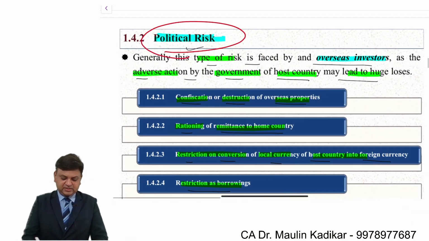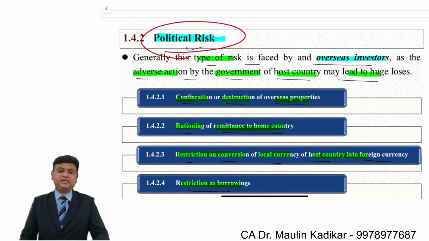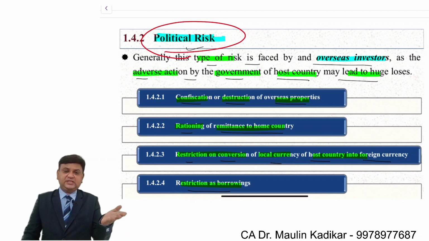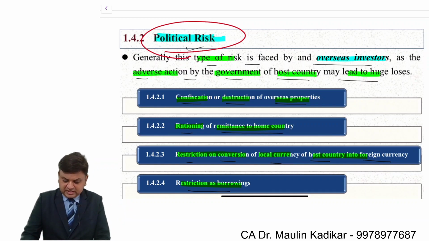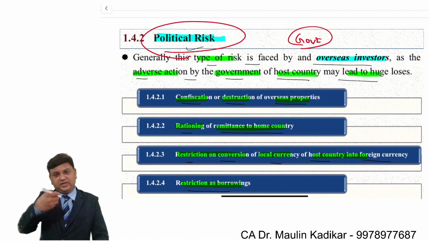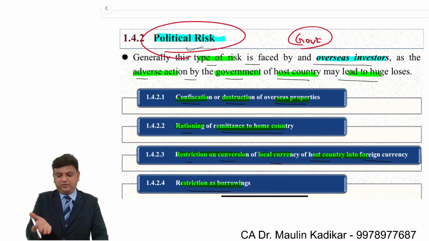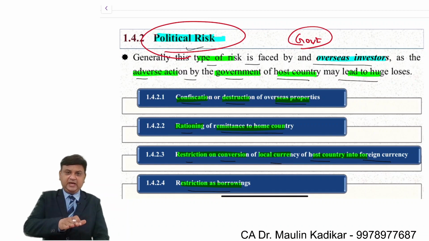In political risk, we have to understand that when we are making an investment in a foreign country and the government of that country takes certain actions, it is a political risk for me. From Amazon's point of view, when they are doing business in India and the Indian government takes certain actions which are adverse for them.